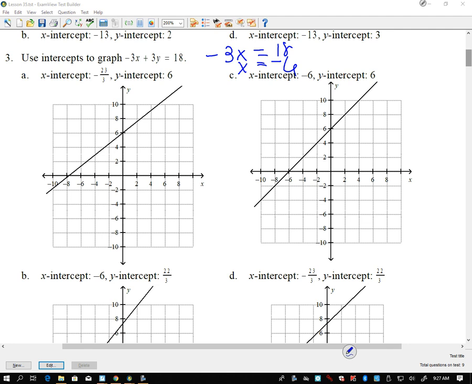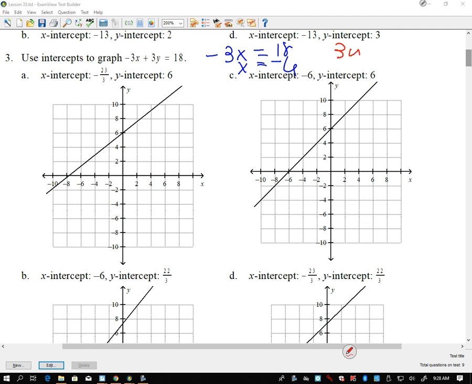Okay, so we know we're going to cross the x-axis at negative 6. And I have 2 of them that have that answer, right? Both C and B have that. So do I need to go ahead and find the y-intercept as well? Okay, Tiffany, help me out here. How would you find the y-intercept then? All right, so she said substitute in 0 for x, which is going to cancel out negative 3x. Then what?